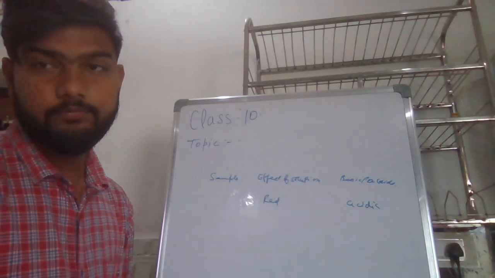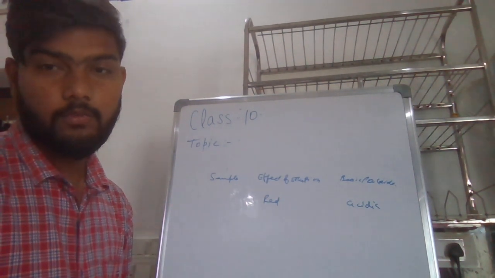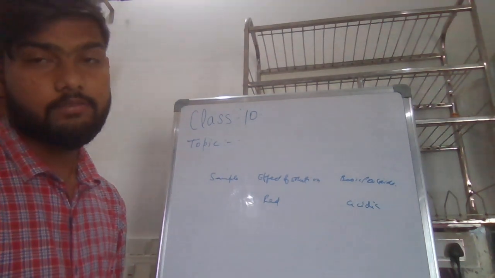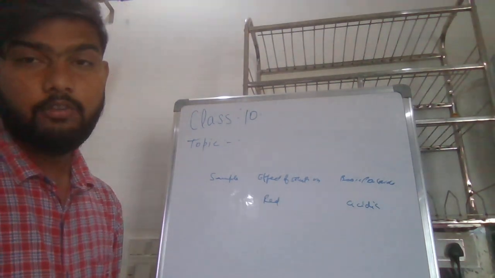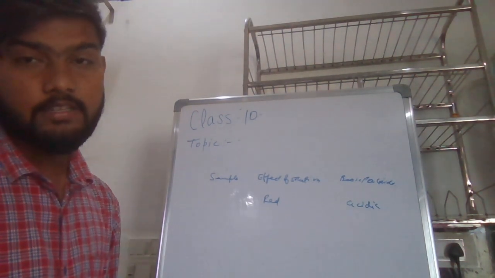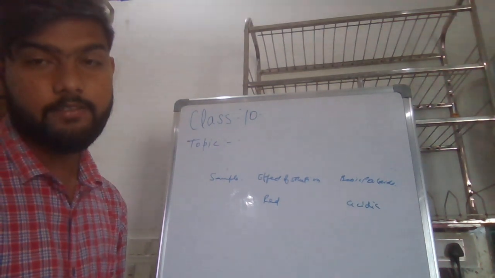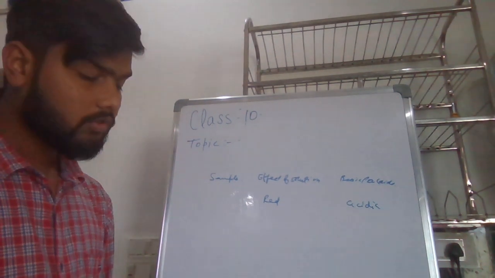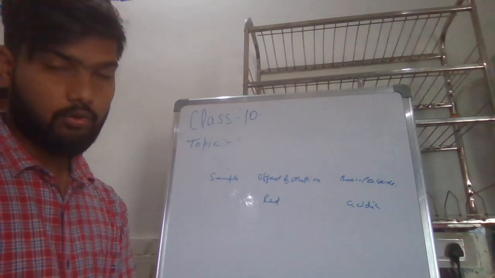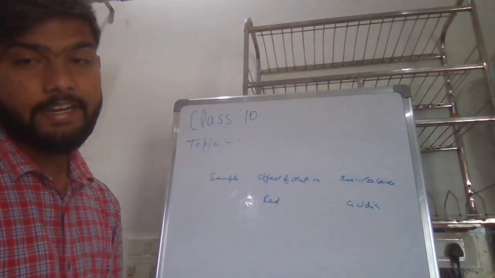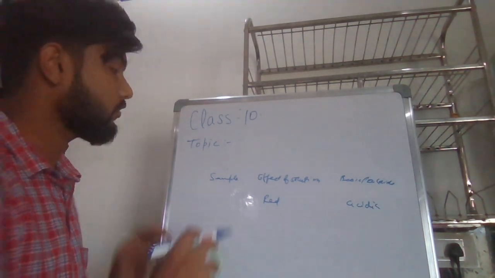So later on, tell me what you infer from this activity and what is the indicator used in this activity. Now we will come to know about the natural indicator litmus as a natural dye.